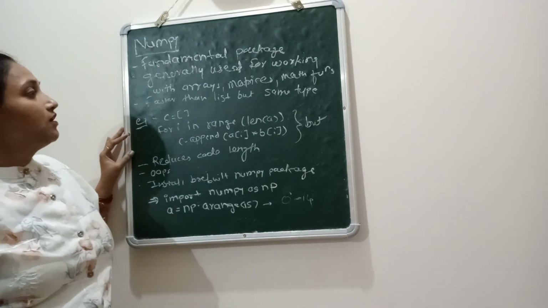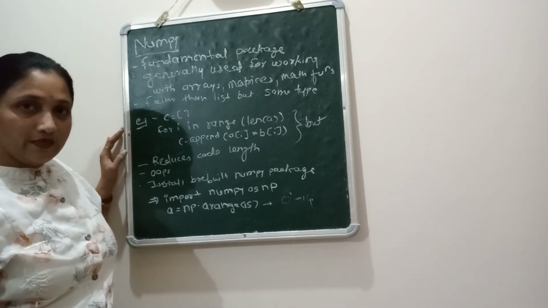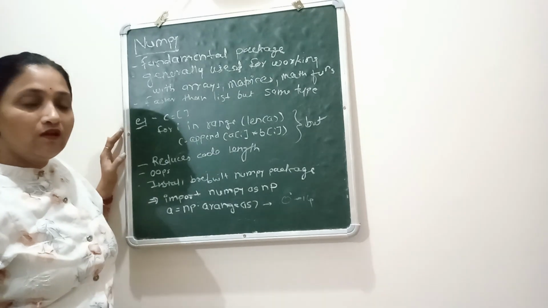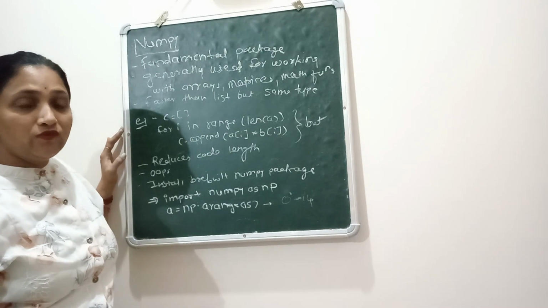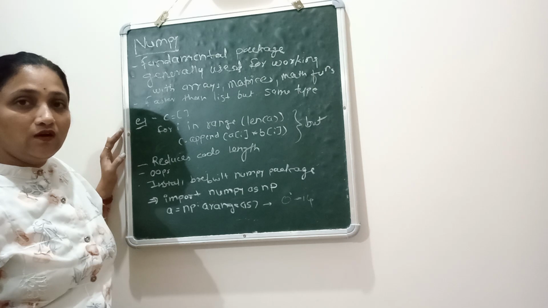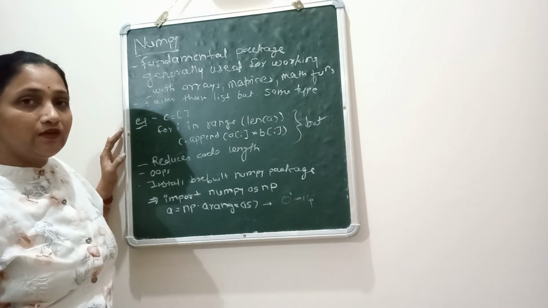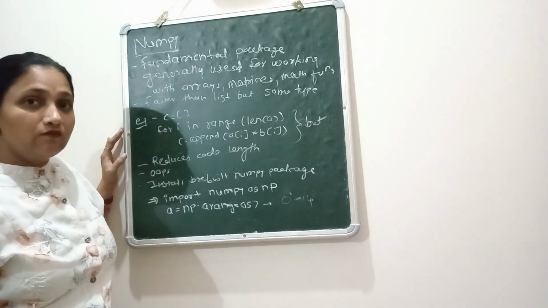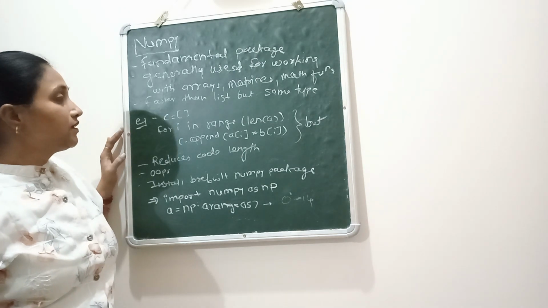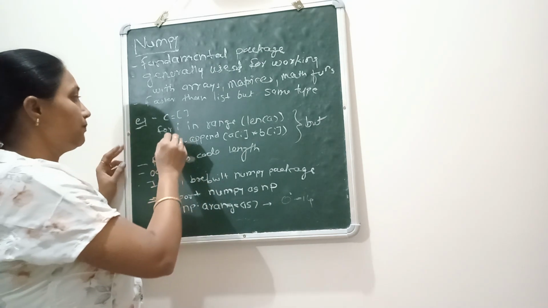Then next, see, we have even lists. In lists also we can store data, access them, change the data, modify the data, and perform operations on the data. But I have taken a simple example here.